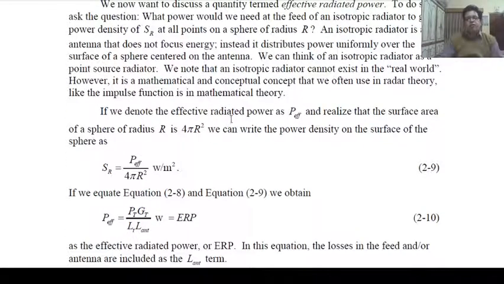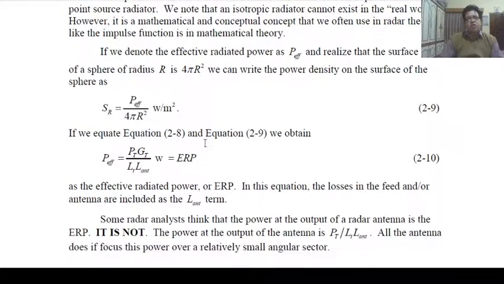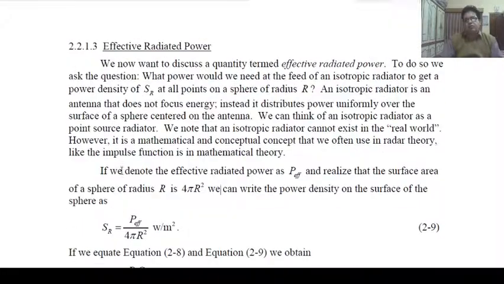If we denote the effective radiated power P_eff and realize that the surface area of a sphere is 4 pi R squared, then the power density on the surface of a sphere becomes S_R equals P_eff upon 4 pi R squared. From equation 2.9 we obtain P_eff.